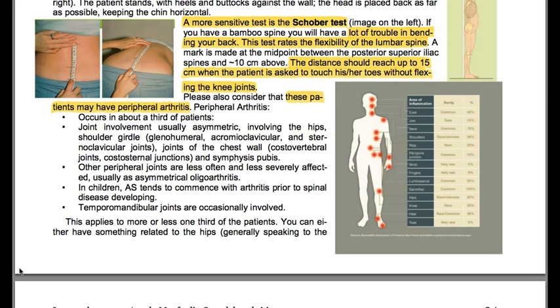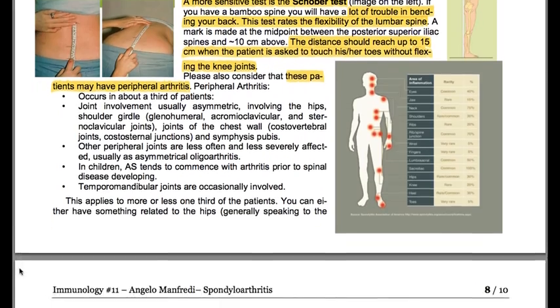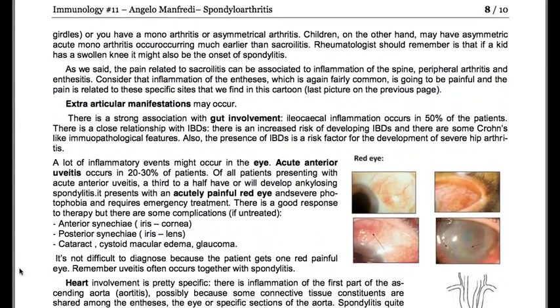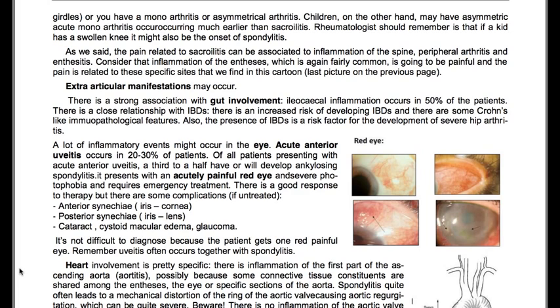In children, ankylosing spondylitis tends to commence with arthritis prior to spinal disease developing. Temporomandibular joints are occasionally involved. This applies to more or less one-third of the patients. You can either have something related to the hips, generally speaking to the girdles, or you have a monoarthritis or asymmetric arthritis.